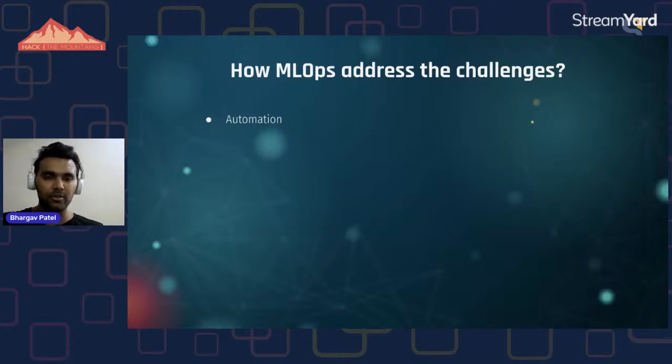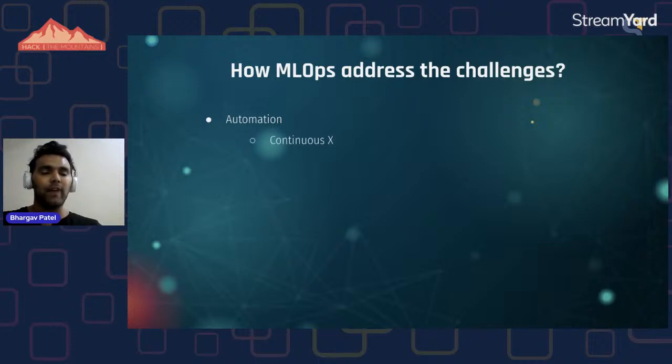We need a solution that can automate a lot of things, from developing a model to pushing it into production, to monitoring it, to serving it to users. And if something goes wrong, it should let us know, hey, this has gone wrong, this seems to be the issue, this could be the solution. That is the final level of automation that we want to reach using MLOps.